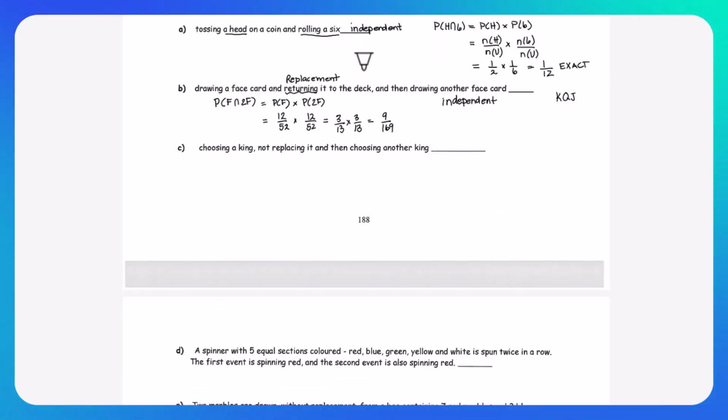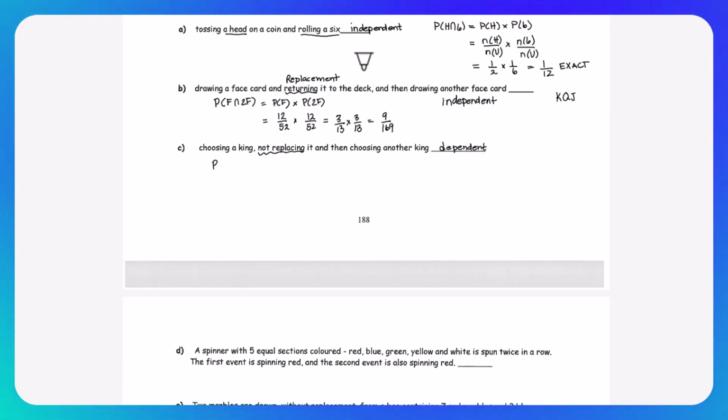Okay, let's look at the next one here. So the next one is choosing a king, not replacing it, and then choosing another king. Okay, first of all, we know now because it's not replaced that these are dependent events because the first king being chosen is going to change the total number of cards in the deck. So that second probability depends on the first event happening.